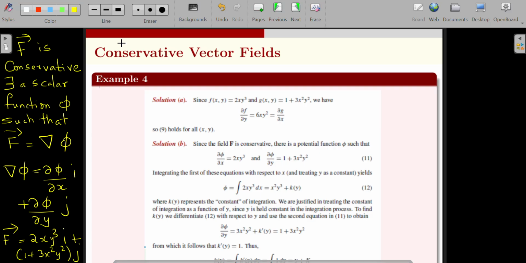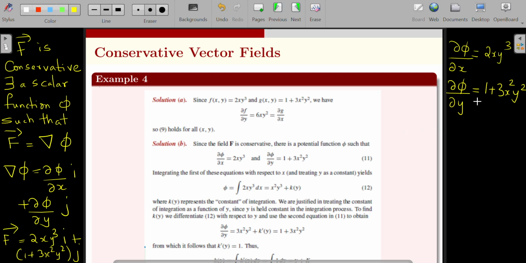This is our vector field F. So on equating the components of F and del phi, on equating the components in the direction of i, we get ∂phi/∂x is equal to 2xy cubed, and ∂phi/∂y is equal to 1 plus 3x squared y squared.